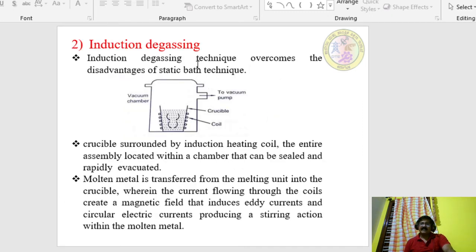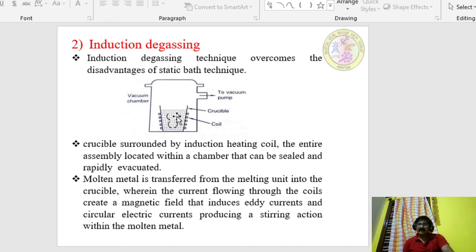Next, induction degassing. In the furnace, the crucible itself has been installed with induction coils surrounding it. This crucible, surrounded by the induction heating coil, is sealed and rapidly evacuated to vacuum, and the molten metal is transferred from the melting unit into the crucible, where current flows through the coils.